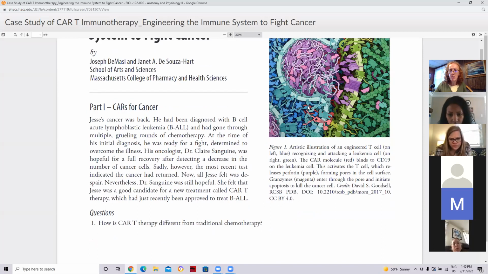Is it the perforin? Nope, nope, remember that's the enzyme that's going to poke holes in the cell that it's going to kill.